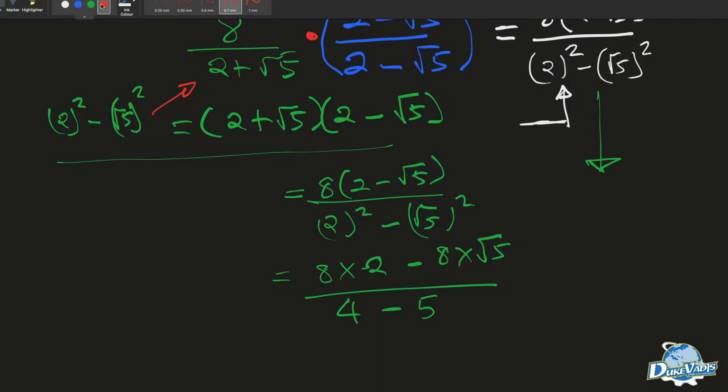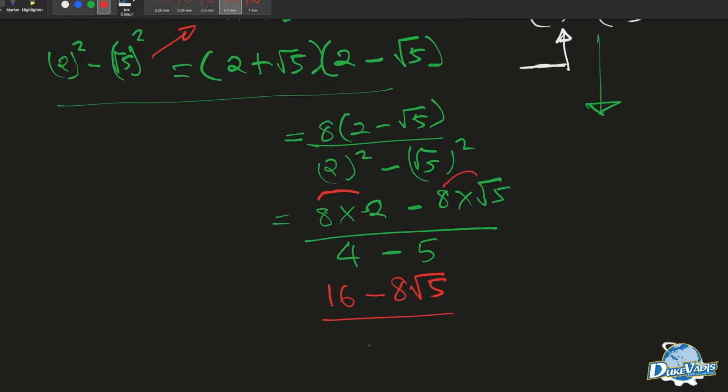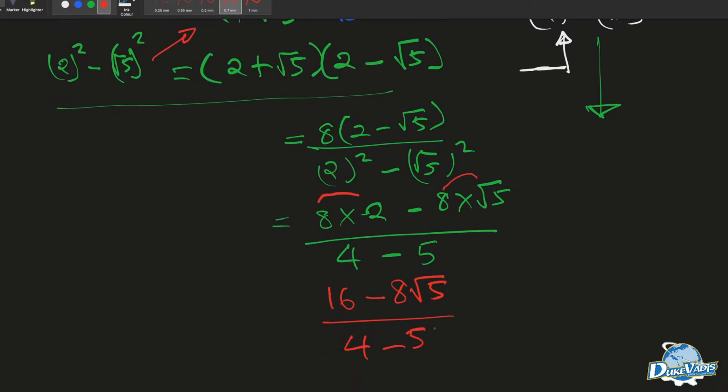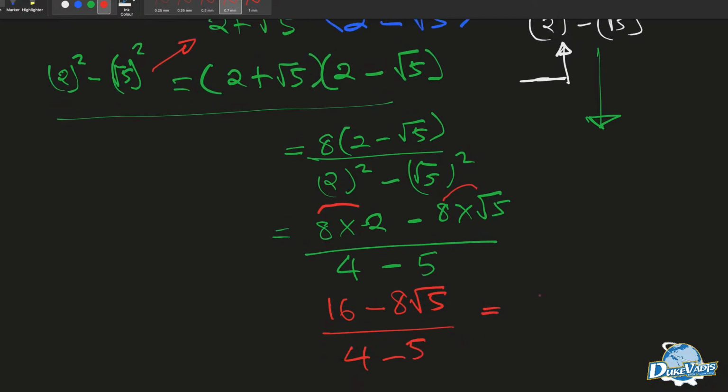So our further simplification: 8 times 2 is 16. 8 will tackle this and give us 16, and this will tackle this and give us minus 8√5, all over 4 minus 5. Eventually our answer will be 16 minus 8√5 all over negative 1.